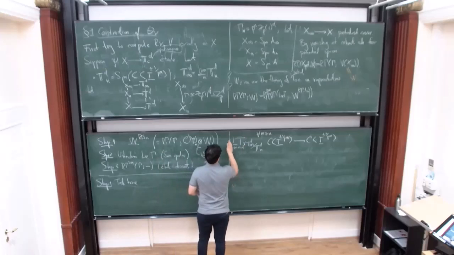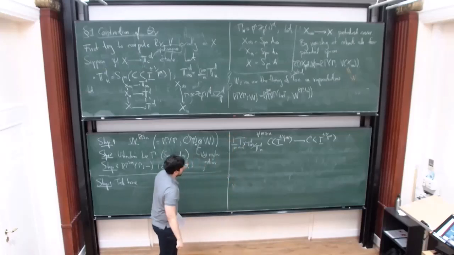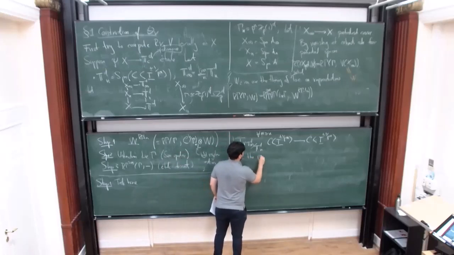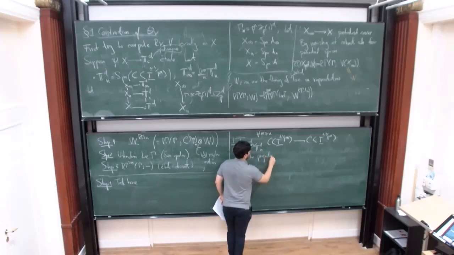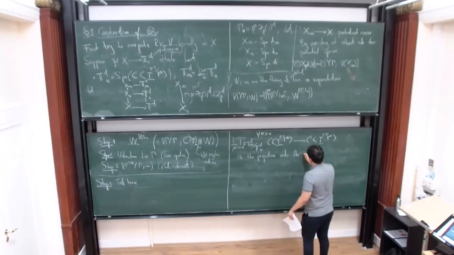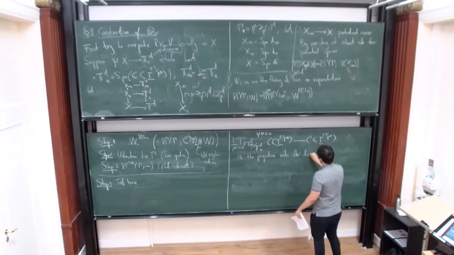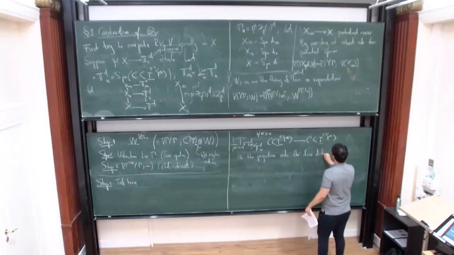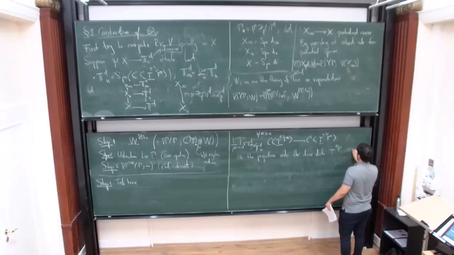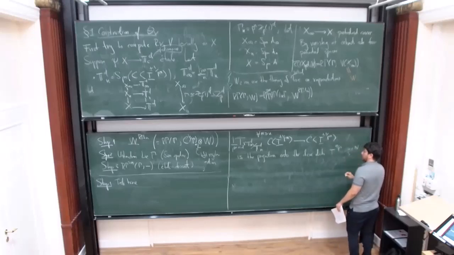So this is basically the projection onto the basis, onto the free elements, A over p to the s, where A is integral and s is smaller than n.